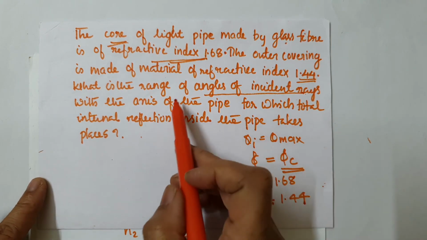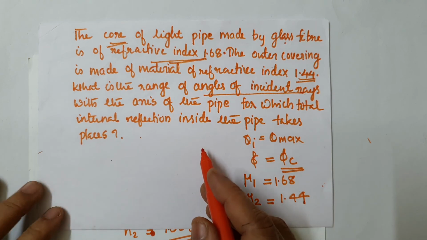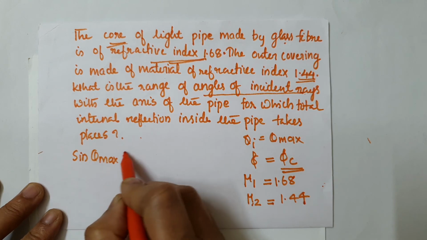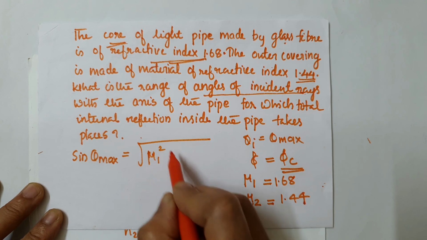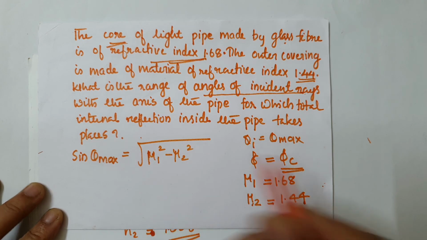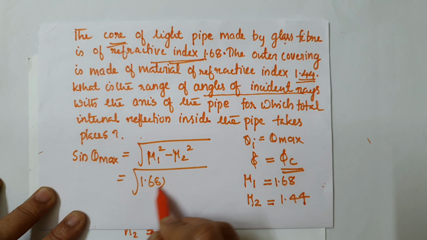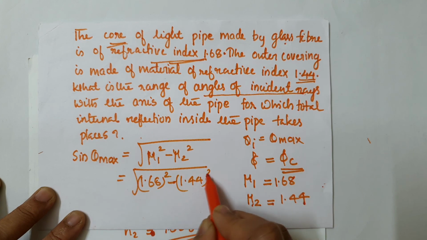Therefore, to find the range of angle of incidence, we have to find out the theta max, that is sin theta max is equal to root of mu1 square minus mu2 square. We know the equation. Here it is root of 1.68 the whole square minus 1.44 the whole square.